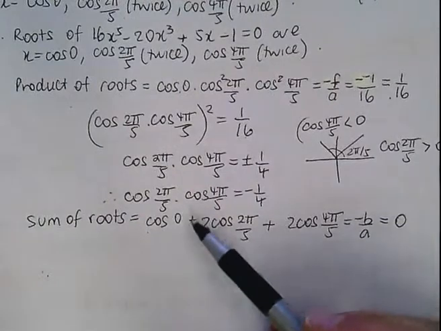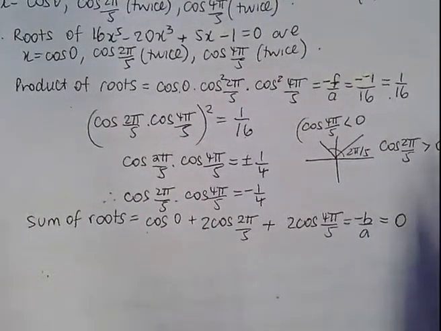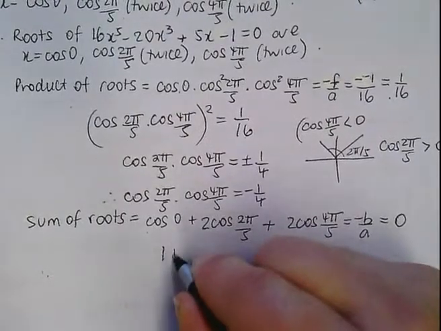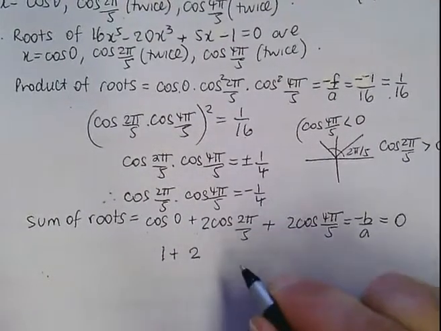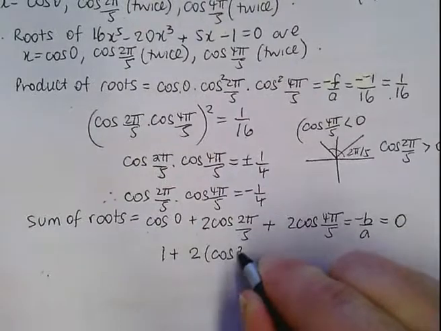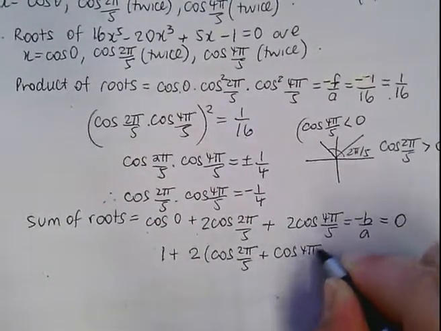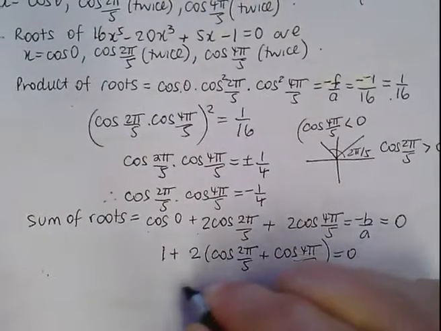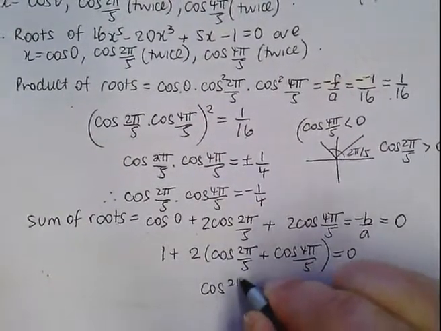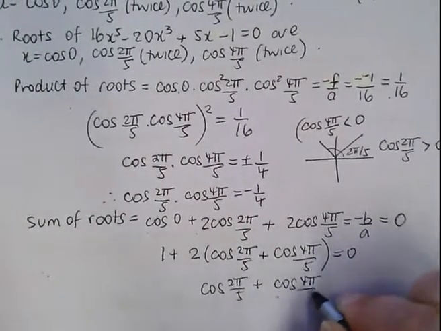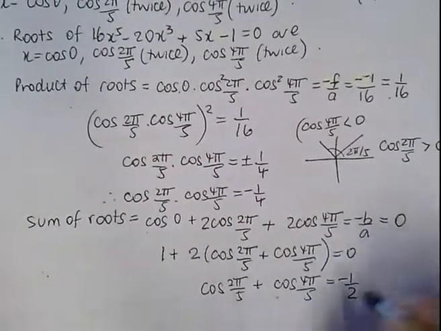Now we know that cos of 0 is 1. So therefore, we've got 1 plus 2 times cos of 2π on 5 plus cos of 4π on 5. That equals 0. So therefore, cos of 2π on 5 plus the cos of 4π on 5 equals negative a half.